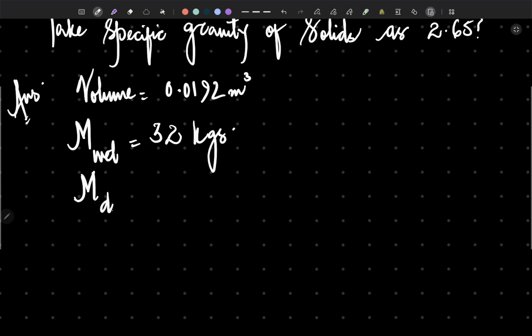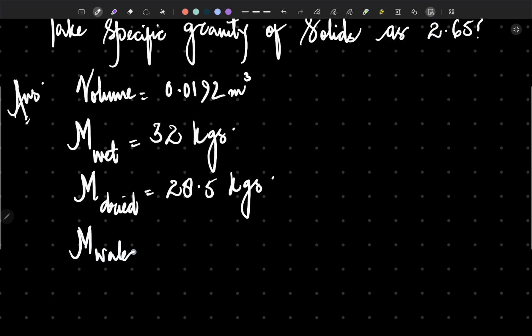Dried condition, 28.5 kgs. That means the mass of water is the total wet minus dry, which is equal to 3.5 kgs.